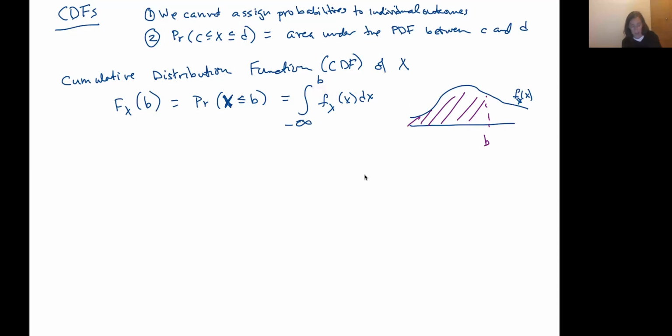B is the upper limit of integration here. And what I'm integrating is the PDF, and the function that I get, the antiderivative function, the area function, that is the CDF. Okay, so that's consistent with everything we know about integrals, that they give us areas under curvy functions.